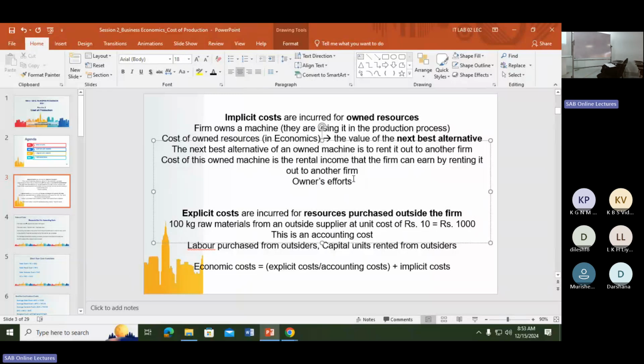So how do we account for the owner's effort as an implicit cost? We have to think about the next best alternative use. What is the next best alternative use of the owner?